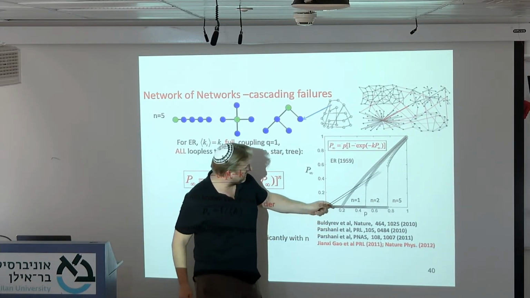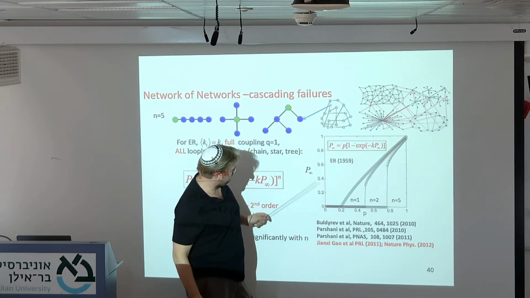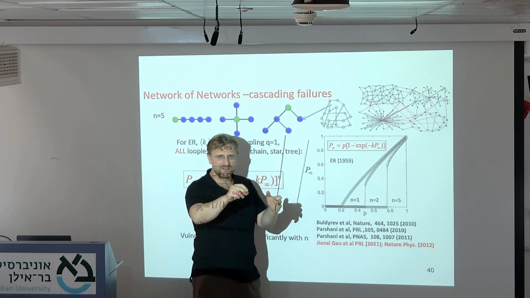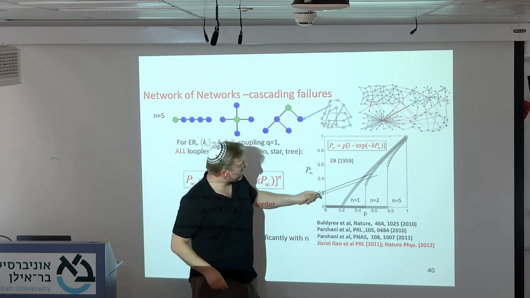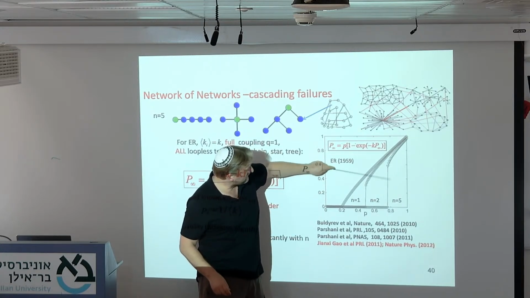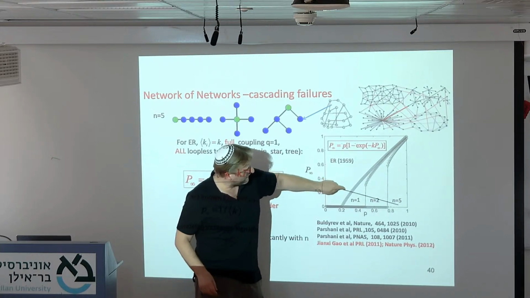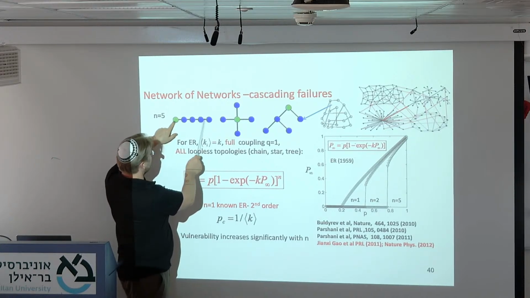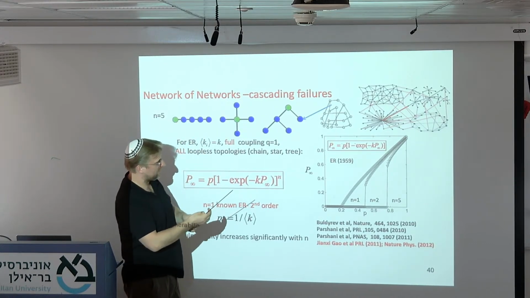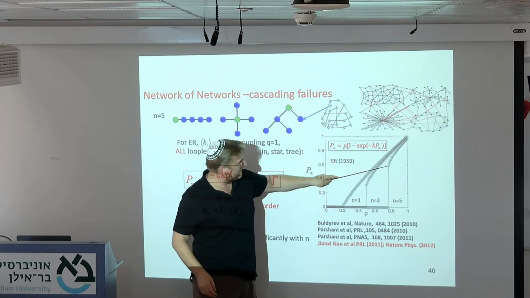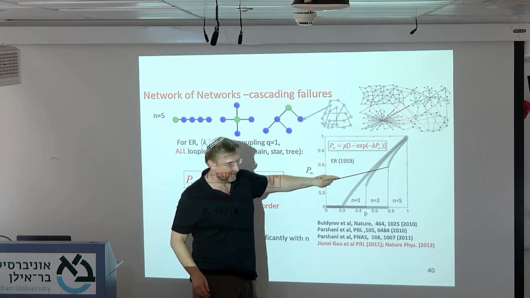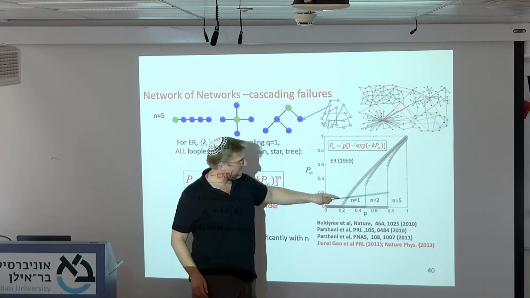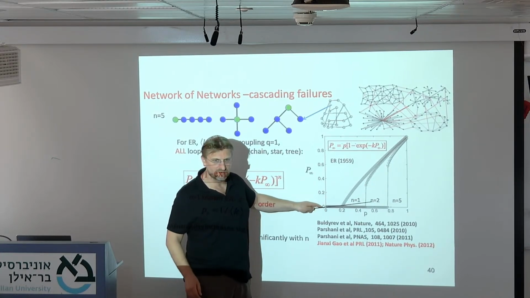And what you see here, again you have P infinite over P, and now you remove randomly these interdependency links. When you have a network of networks that has 5 networks contained in it, you get this breakdown much earlier than when you have only 2 coupled networks.